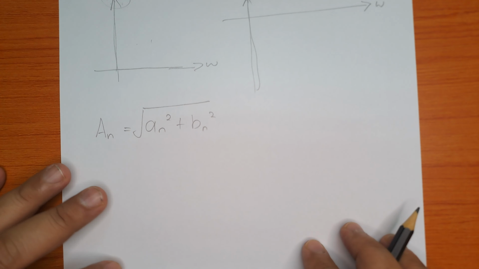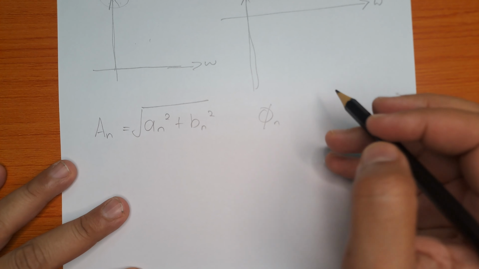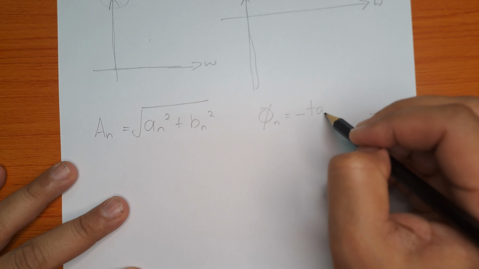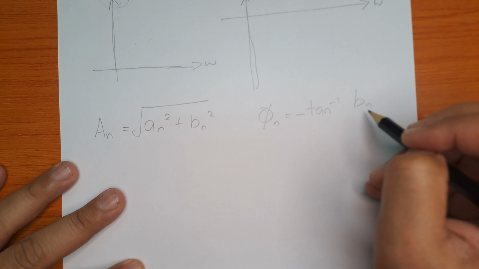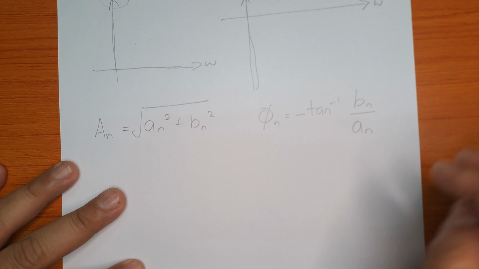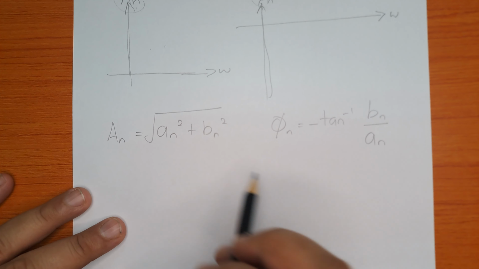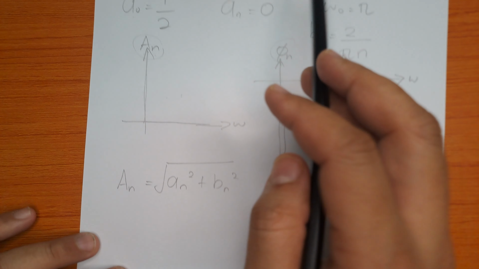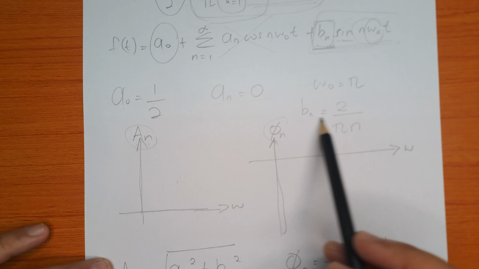Same thing for phi n, which is taken from negative inverse tan of bn over an. So we have to determine an and bn first. That's why what we have done here is to determine an and bn.